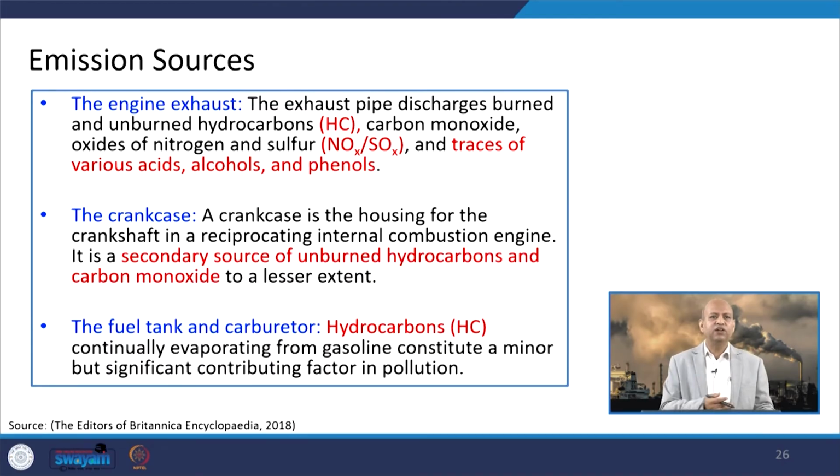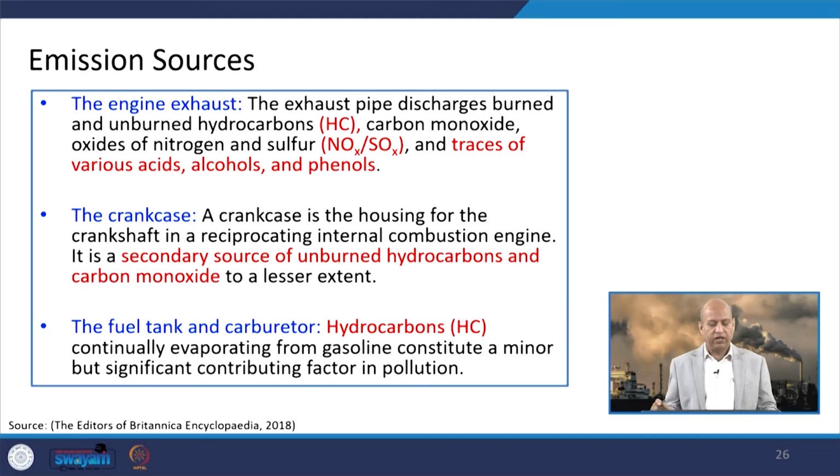So, in engine exhaust, the exhaust pipe discharges burned or unburned hydrocarbons, carbon monoxide, oxides of nitrogen and sulfur, and traces of various acids, alcohols and phenols. The crankcase-related emissions could be a secondary source of unburned hydrocarbons and carbon monoxide. So, that is from the crankcase.